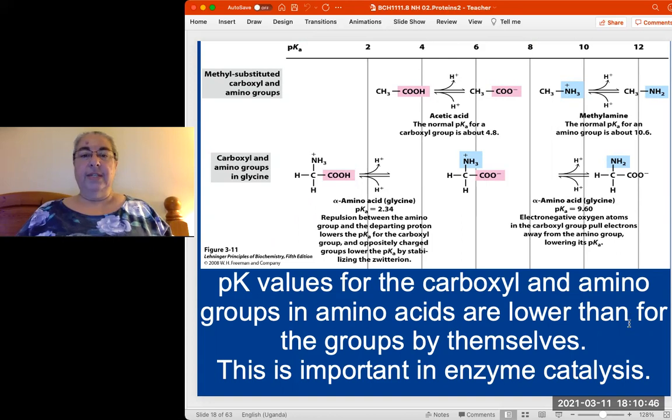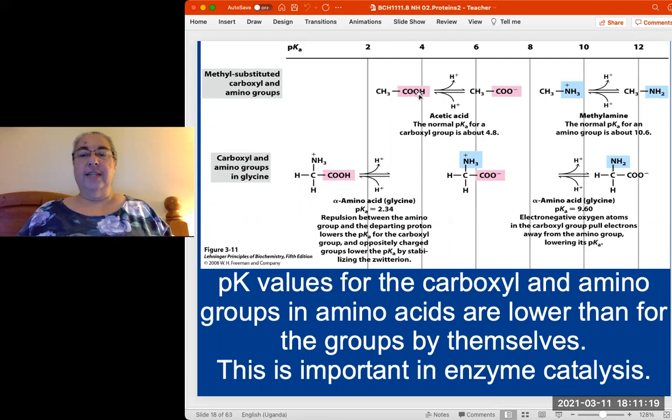So I'm not going to go into details now, but the behavior of the amino acids as they lose their protons when they are part of an amino acid happens at a much lower pH than it does for the group itself. So this is just showing what happens when the similar group is not part of an amino acid.